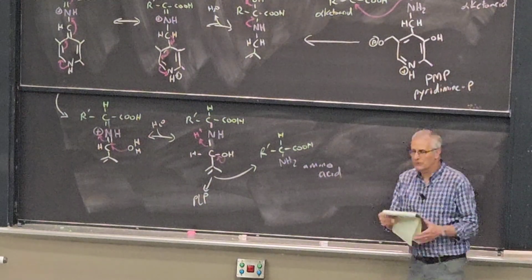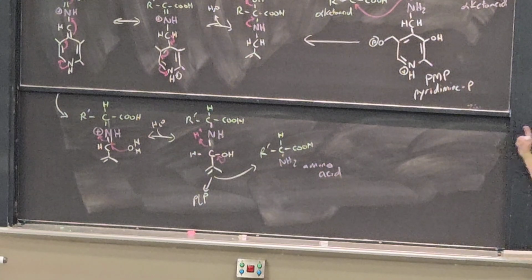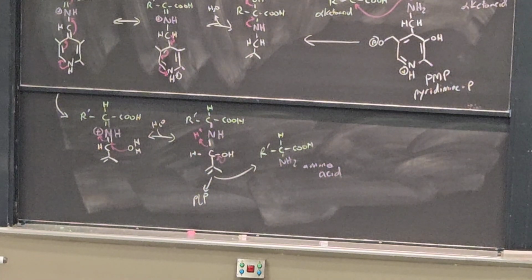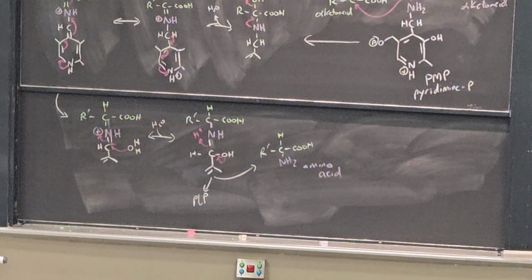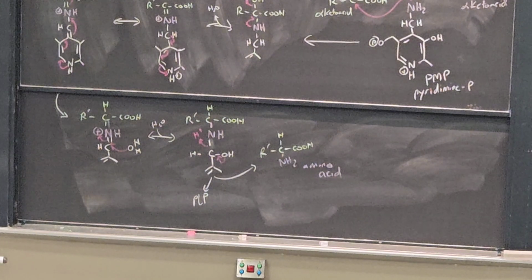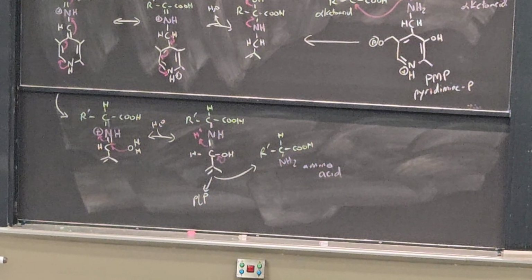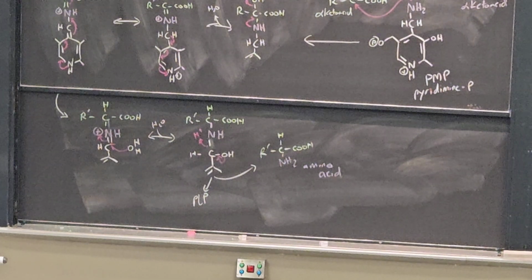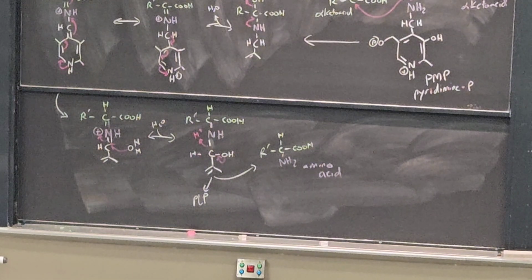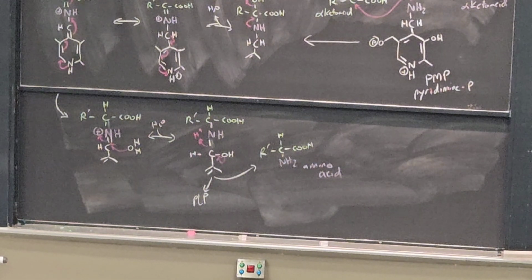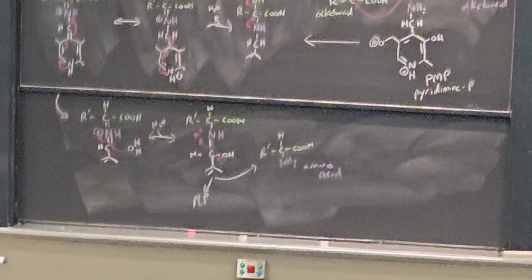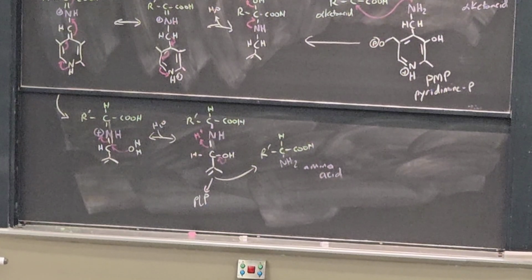Very, very reversible reaction that effectively allows you to use this cofactor, PLP and PMP, to move nitrogen between alpha keto acids and amino acids in a way that's conserved, right? You get an amino acid and an alpha keto acid as both substrates and products for the reaction.